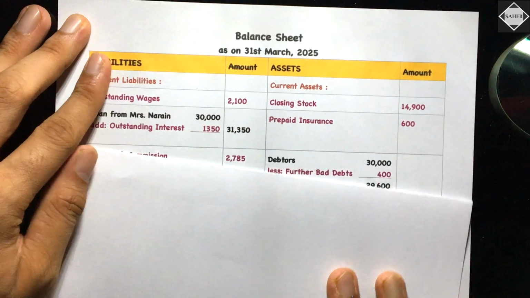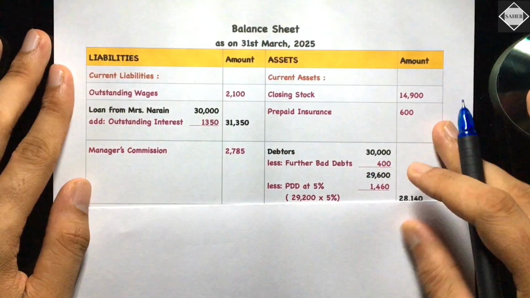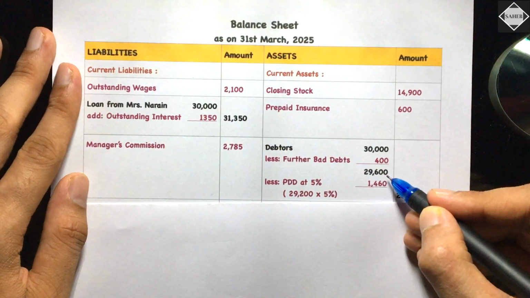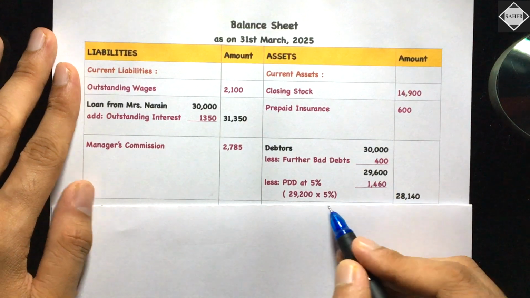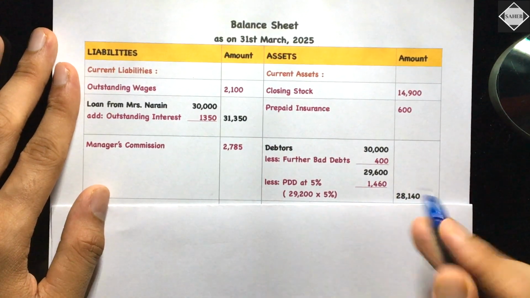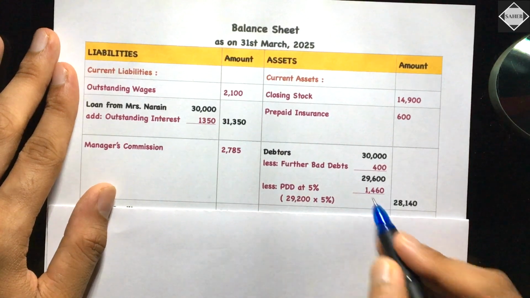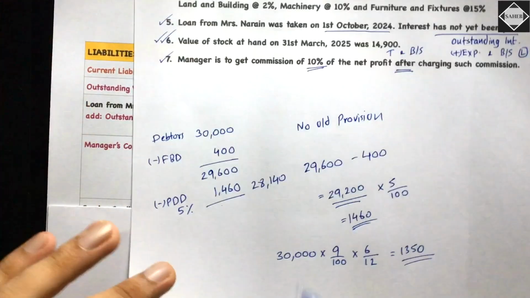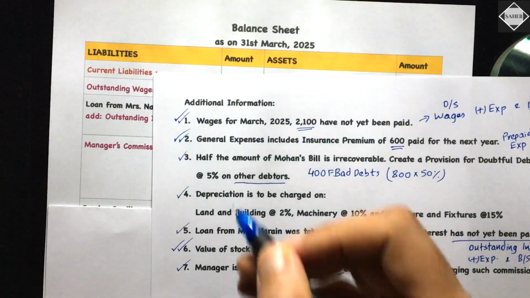See here the presentation, debtors 30,000. Further bad debts, you always have to subtract. You will subtract and get 29,600, but the PDD calculation will not happen on this. It will happen on 29,200. The explanation I have shown you. Fine, 1460. Then the final figure 28,140. Is it clear? Simple.